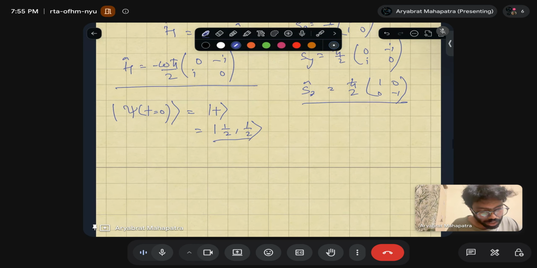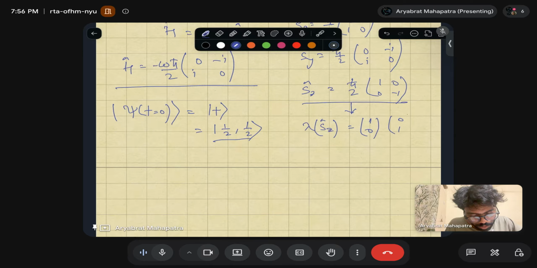So if you see the Sz operator in this case, let's say I calculate the eigenvalues and eigenvectors. I'm calling the eigenvalues lambda. Those will be 1 0 and 0 1, and not, sorry, this will be your eigenvectors, and I'm writing it as x.